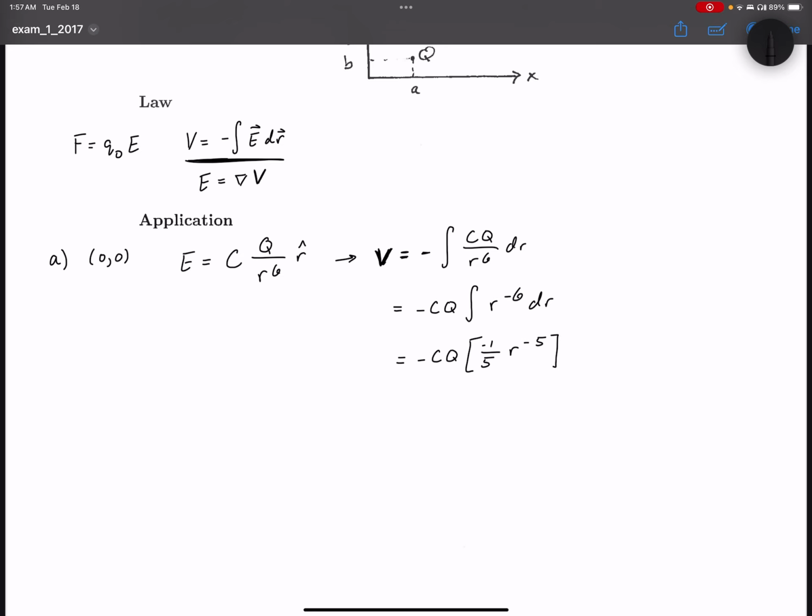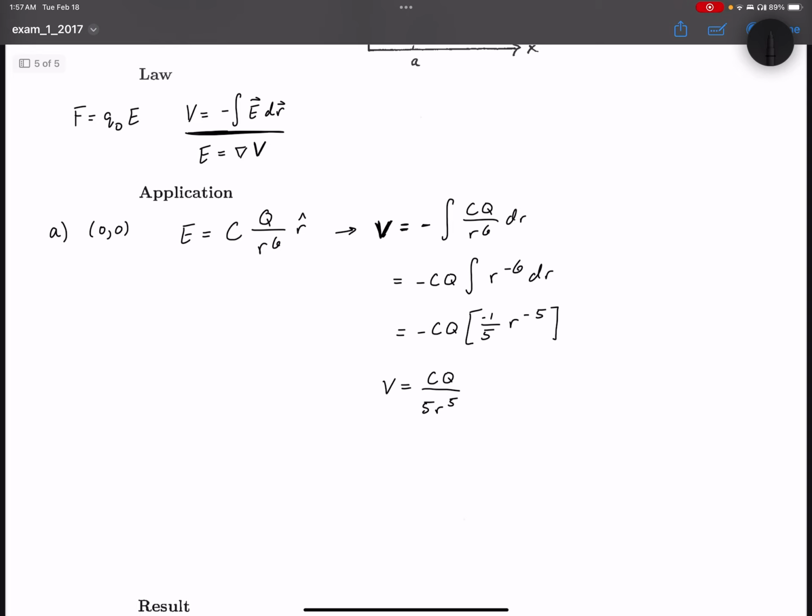That's going to end up being CQ over 5r to the fifth for that point. And don't forget your constant of integration as well.